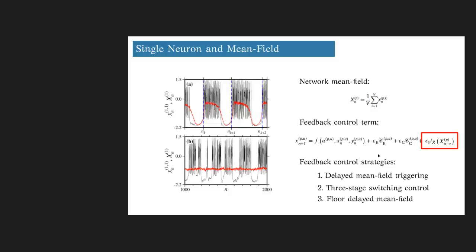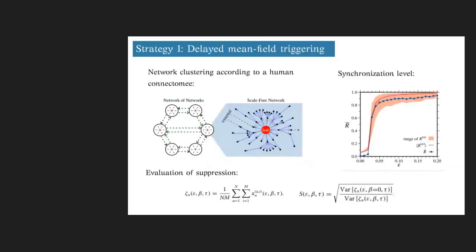The mean field is in the reals and the floor is in the integers. So we can see how it's operating and the results that we can obtain with this.